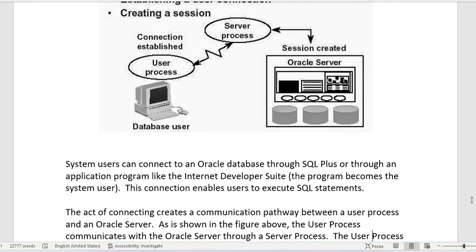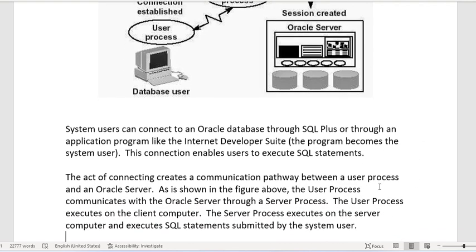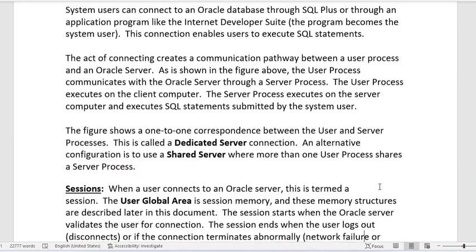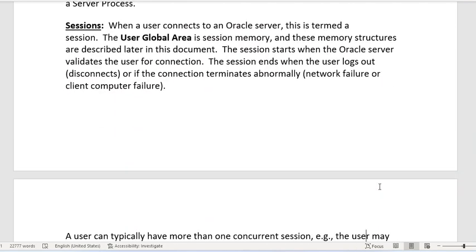A system user can connect to the Oracle database through SQL Plus or through an application program like Internet Developer Suite. So these are the ways you can connect to the Oracle database. And in that you can also see the dedicated server process and shared server process, which I have already explained.